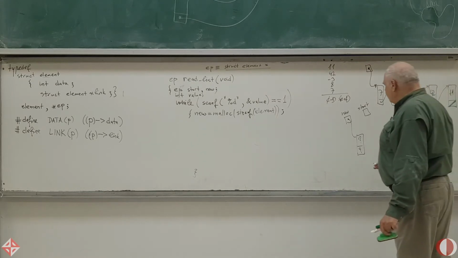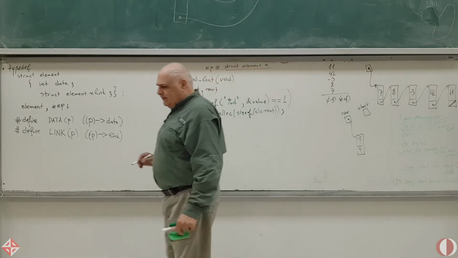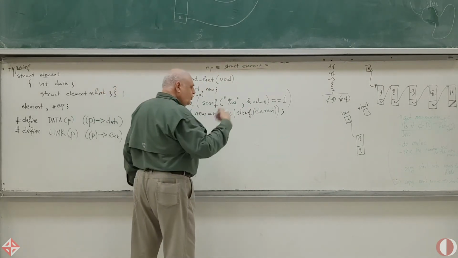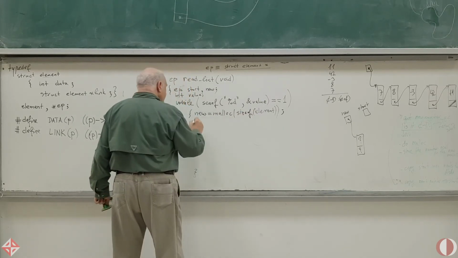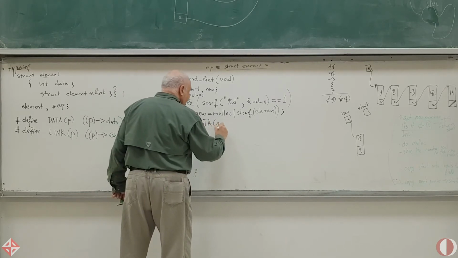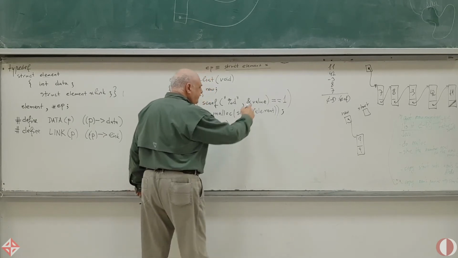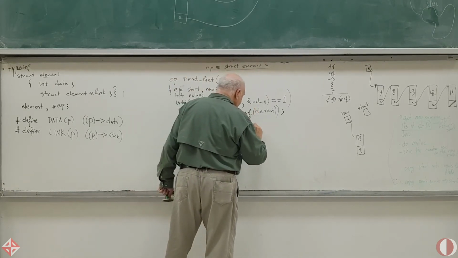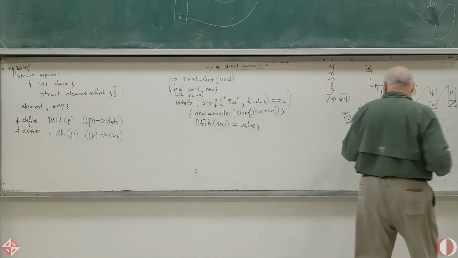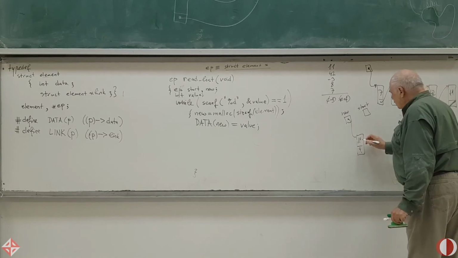Okay, so let's store what we have read in here. What we have read in sits in the value box. So store it. Data pointed by new, the subfield, receives a copy of value. Okay? Now this becomes 11.